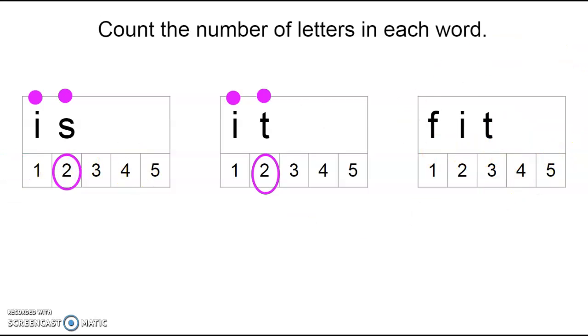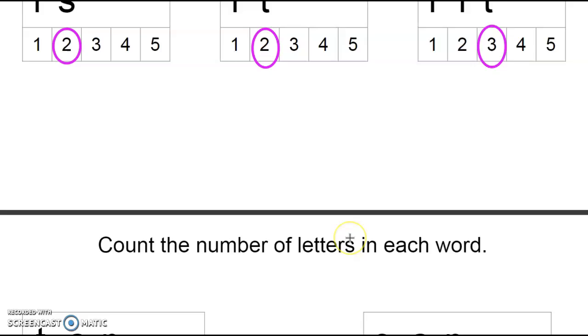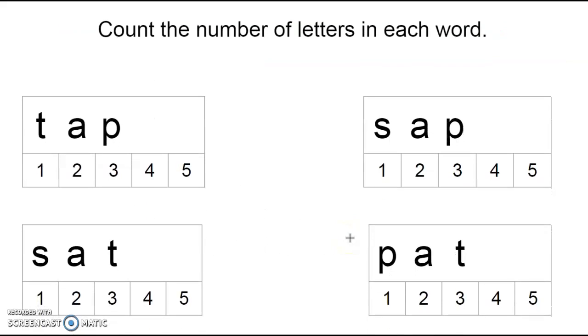And the last word on our page is fit. Fit is spelled F-I-T. Let's count the letters. 1, 2, 3. The word fit has 3 letters in it. Great job. Our next page, we're going to do the same thing with these 4 words.